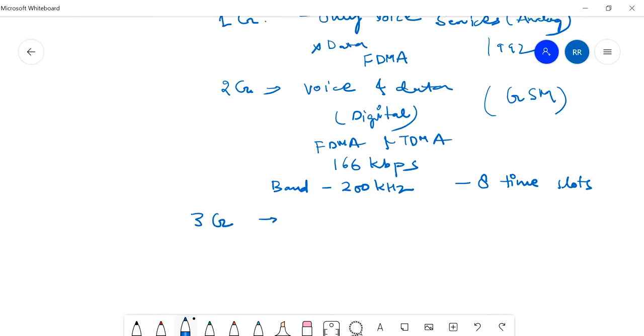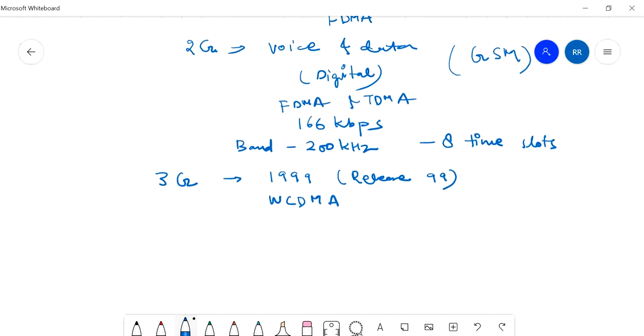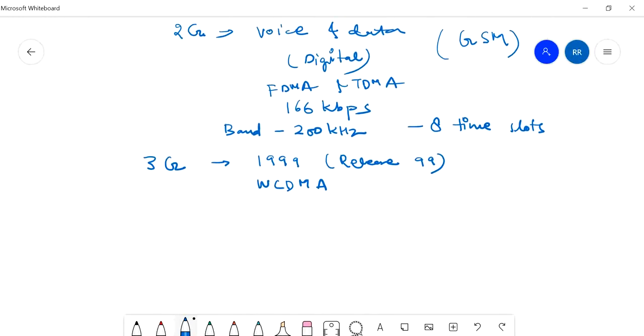After 2G, 3G came. So 3G came in year 1999. That's why it is also called release 99. Okay, we also call it WCDMA, wideband code division multiple access, right? It was released in year 1999. So the bandwidth used to be 5 megahertz, and QPSK and BPSK, both technologies were used there.